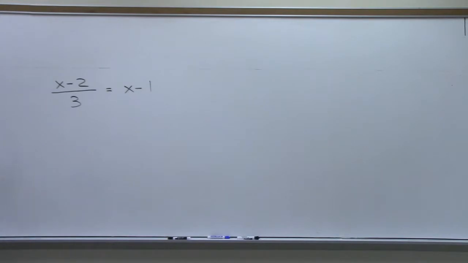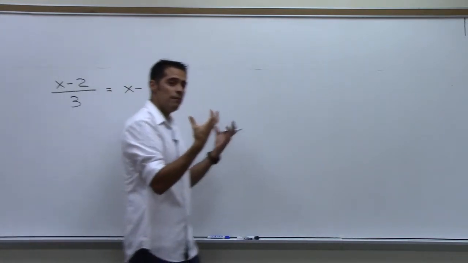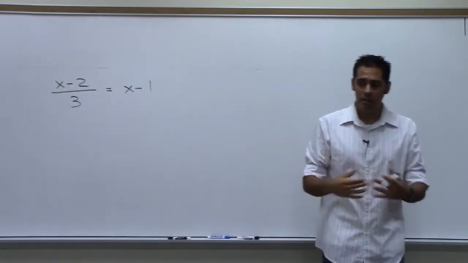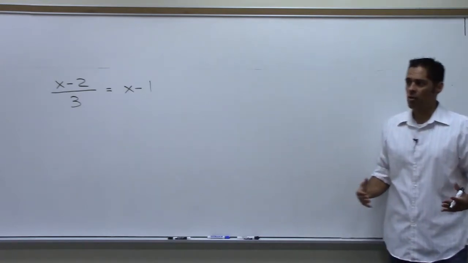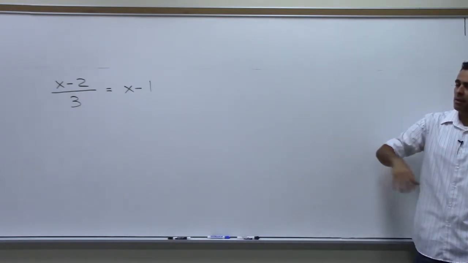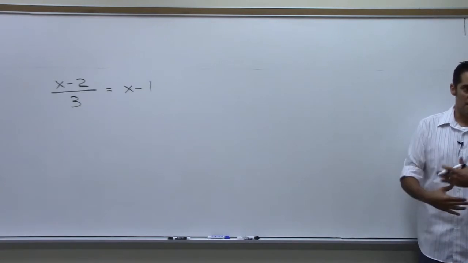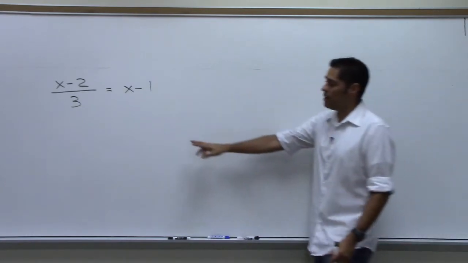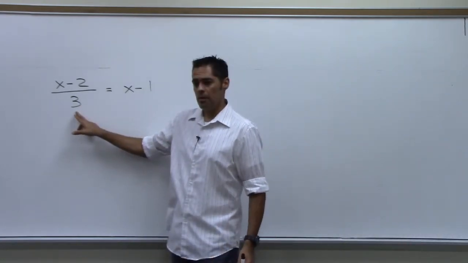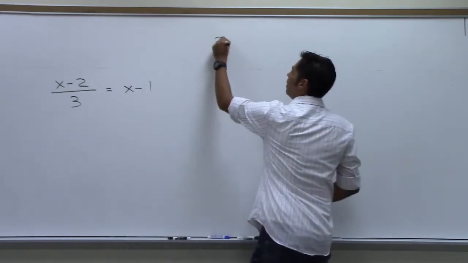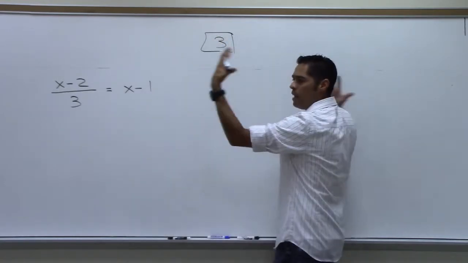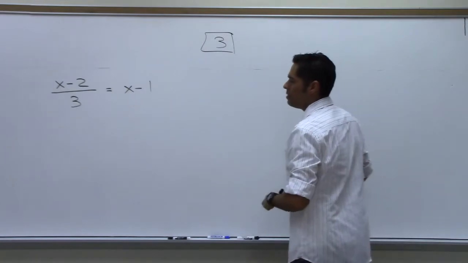So what we do in this case when we have a linear equation and we have fractions involved, we try and clear the fractions. So we try and multiply through by something that's going to remove any denominators. So the only denominator I have here is 3, right? So I'm going to use that number, 3, as my common denominator, and I'm going to multiply both sides by 3. So let's see what happens.